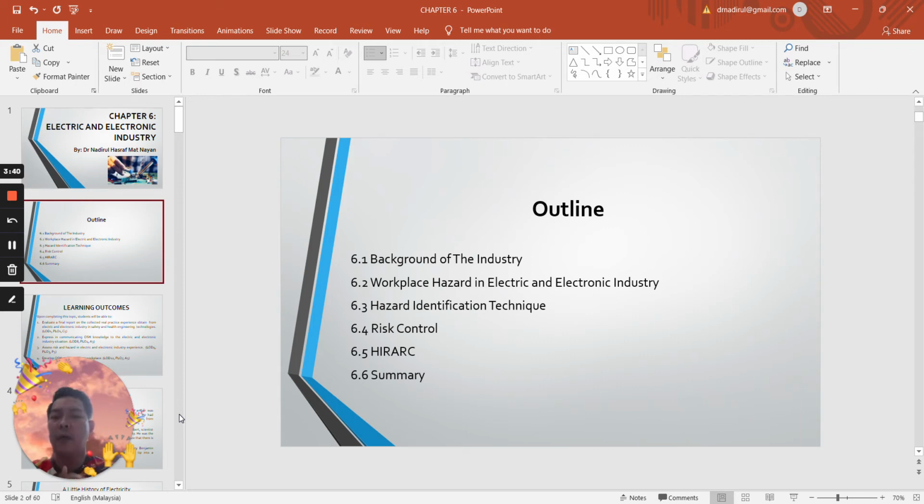After you have identified the hazard, you need to do the risk control to contain the risk that comes out from the hazard. It will be covered in Chapter 6.4, and in 6.5 we will look further into what HIREC is about, and this chapter will be summarized in subtopic 6.6.